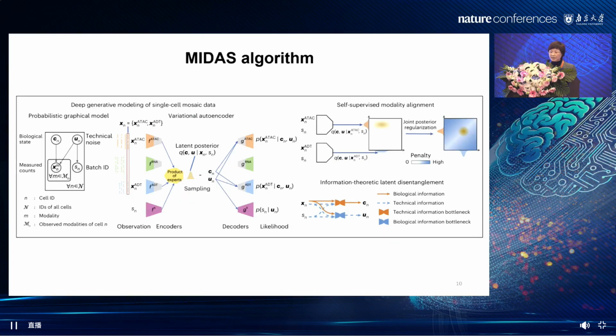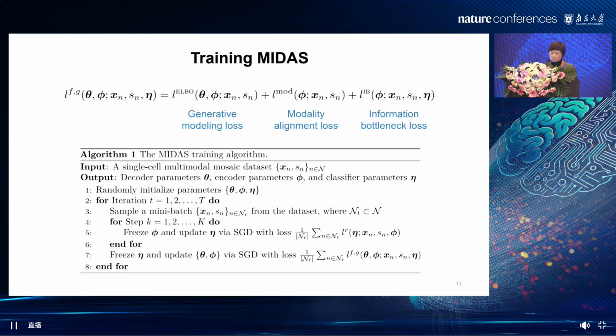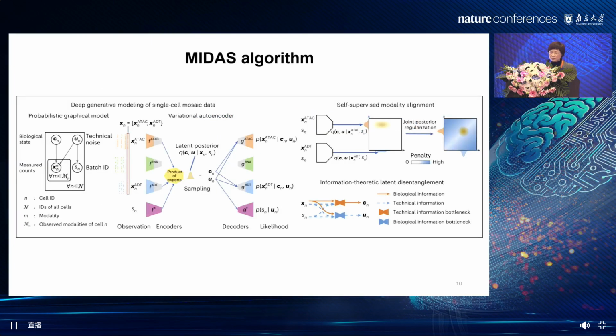MIDAS uses the VAE to implement model learning and latent variable inference. Self-supervised learning is used to align different modalities on latent space through joint posterior regularization, and information theoretic approaches help disentangle the latent variables.